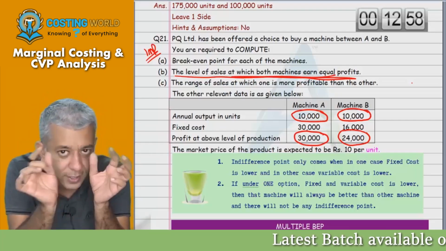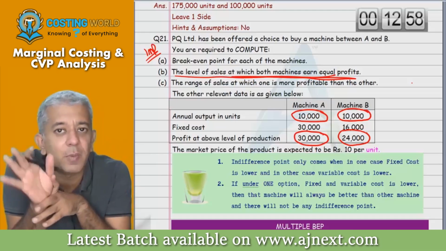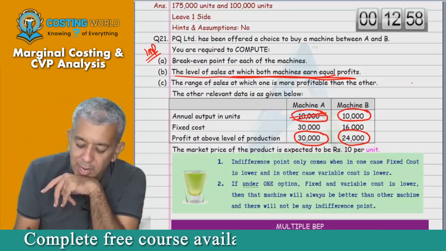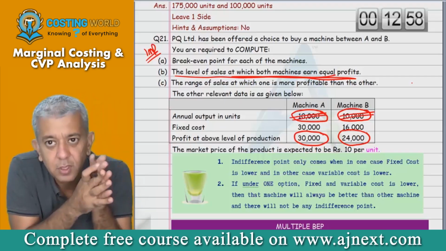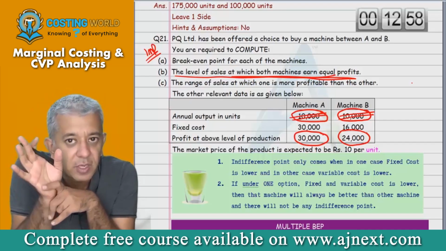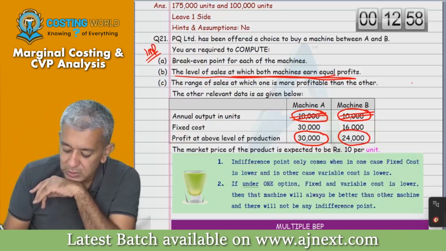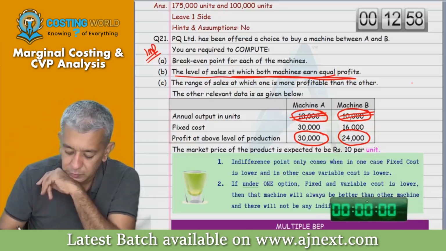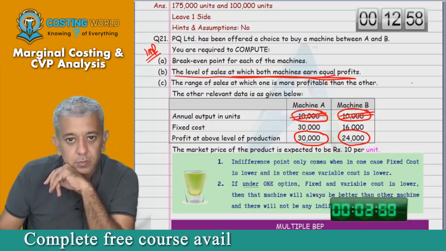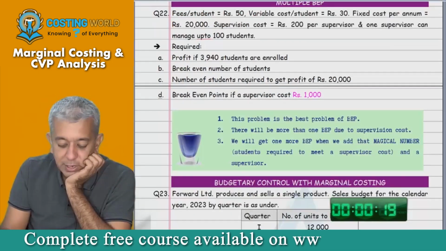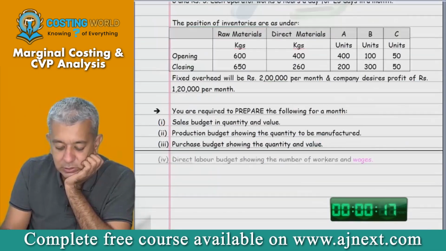I want another figure in place of 10,000 which will give me the same level of profit. Whatever you want to think, please think. I'm giving you all 3 minutes. Try to get me the answer. Try fast, you should be able to get the answer.